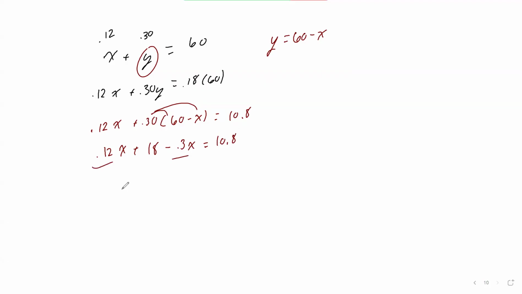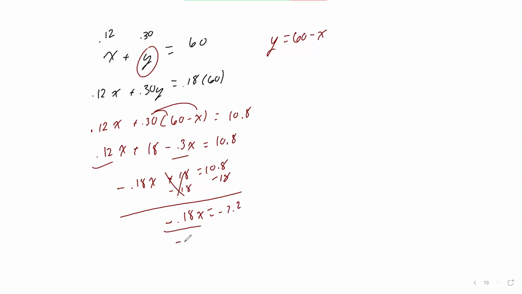Let's see, 0.12 minus 0.3 gives me negative 0.18x plus 18 equals 10.8. So minus the 18. So I get 10.8 minus 18, and I get negative 7.2. Divide that by negative 0.18.